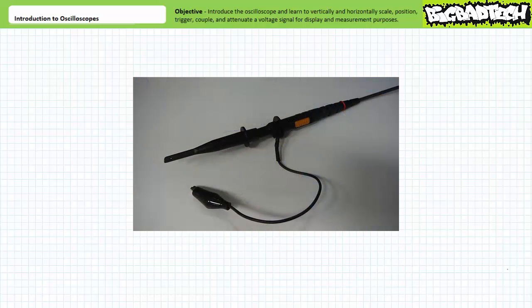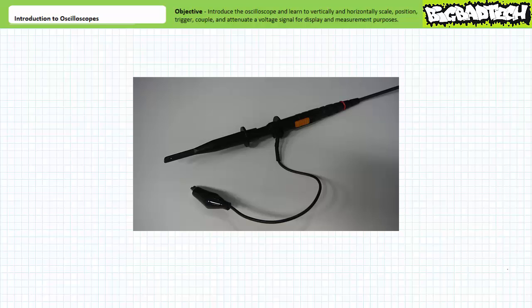First and foremost, a probe features a grabber and an alligator clip. And unless the probe is fixed, a slider that selects whether the probe attenuates the signal or not, and by how much. Let's talk about the attenuation feature first. Most probes feature a slider that toggles between 1x and 10x attenuation. Attenuation is the act of reducing something.